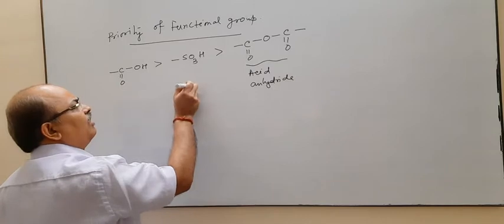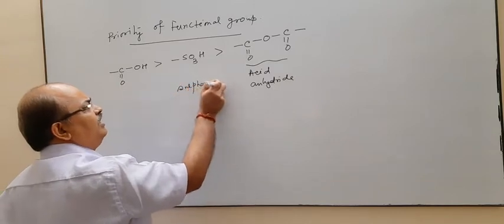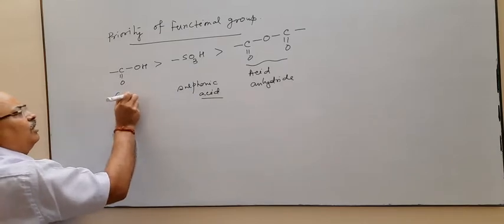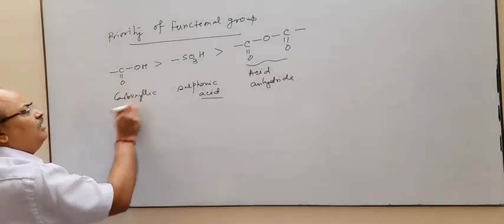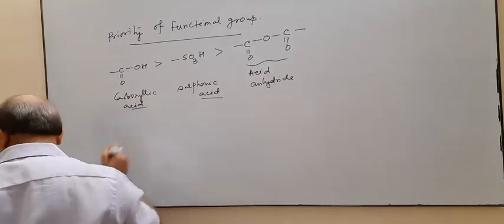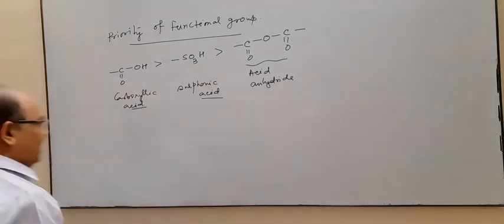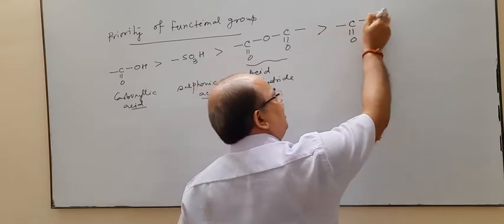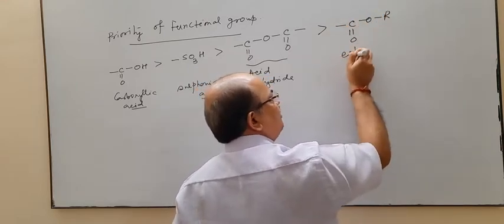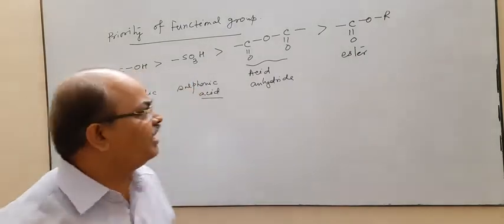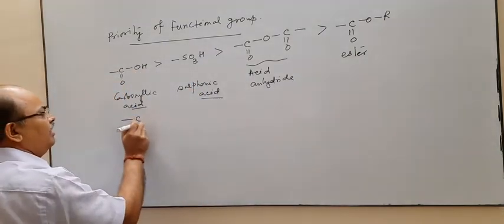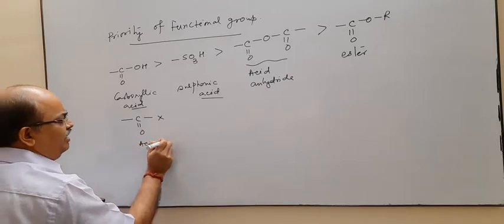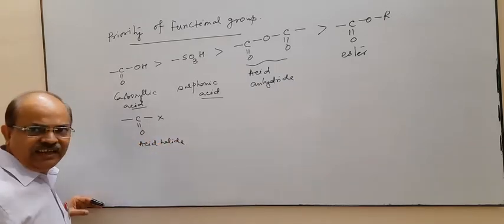This is your sulfonic acid, you know this. And this is your carboxylic acid, you are also familiar with it. After acid anhydride, we have COOR, that is your ester. And after ester we have acid halide, that is your acid halide or acyl halide.